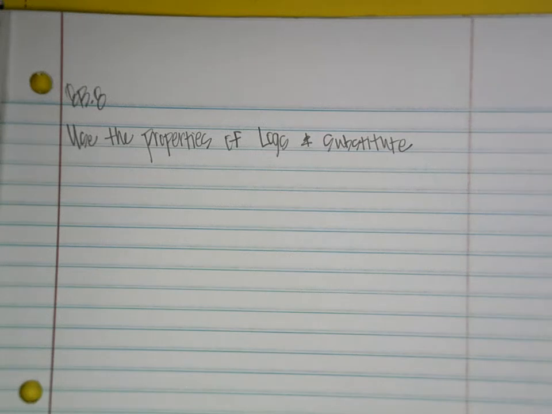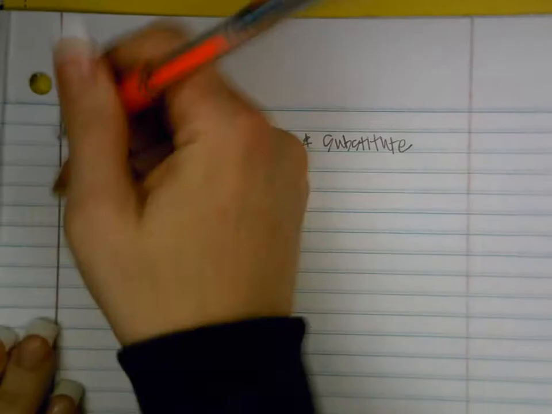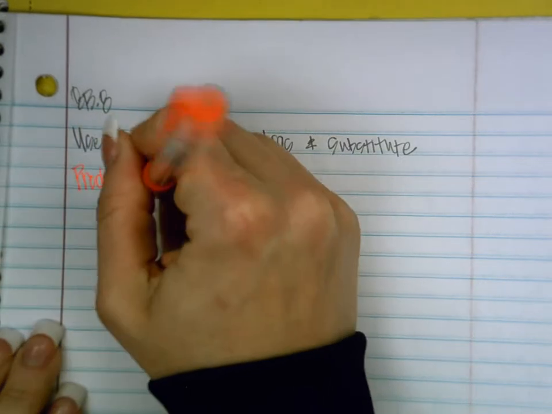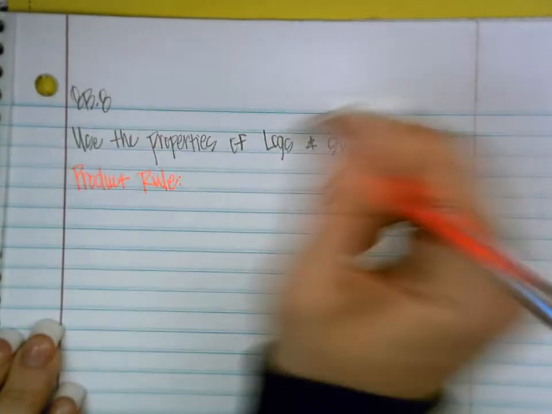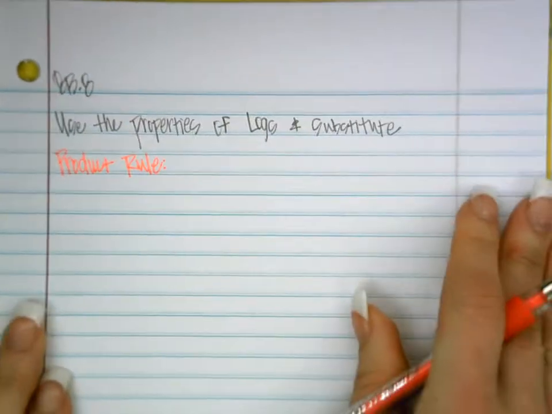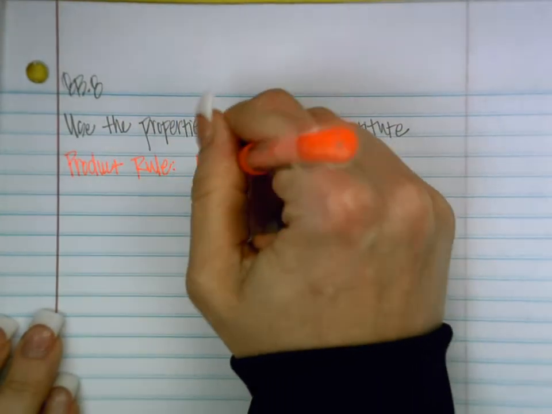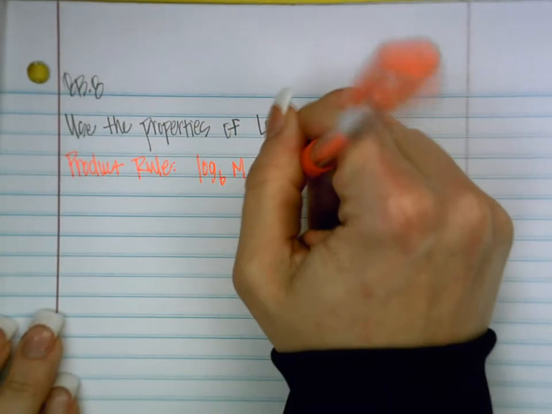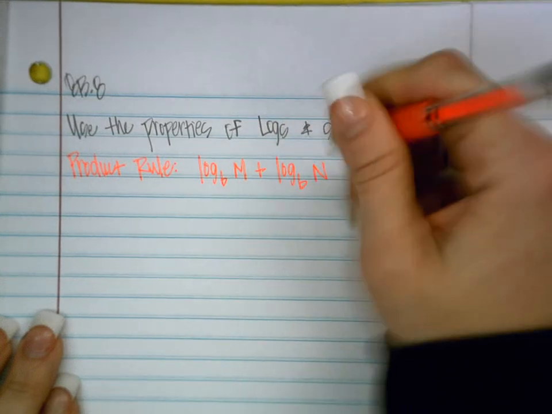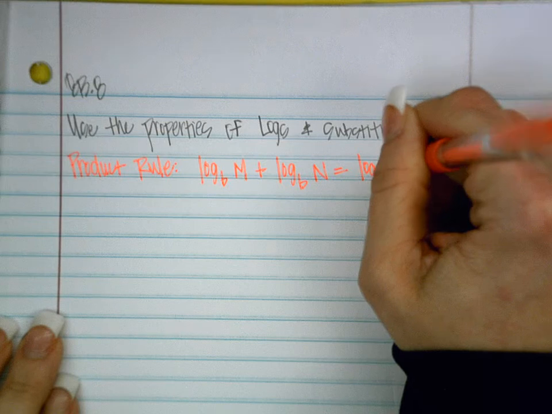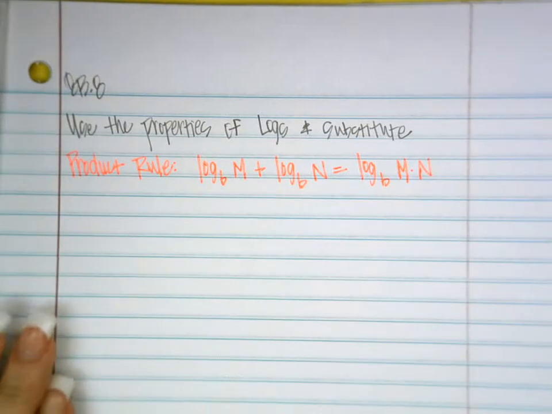So, first one I want to make sure you remember is the product rule. Write this down, everyone, including Tyler. Product rule tells you that log base b of m plus log base b of n is equal to log base b of m multiplied by n.